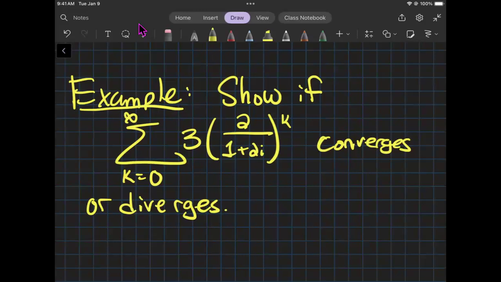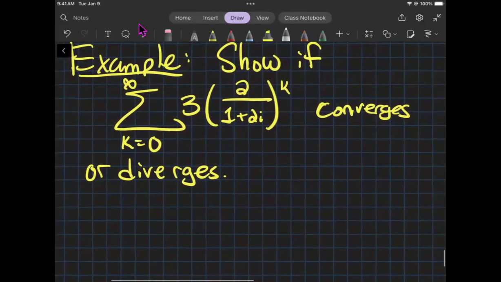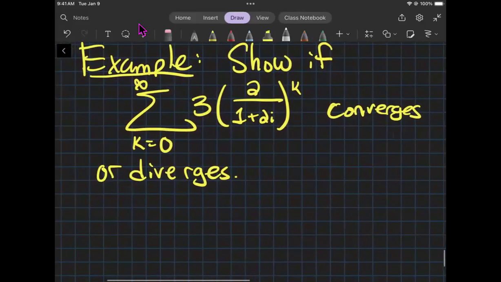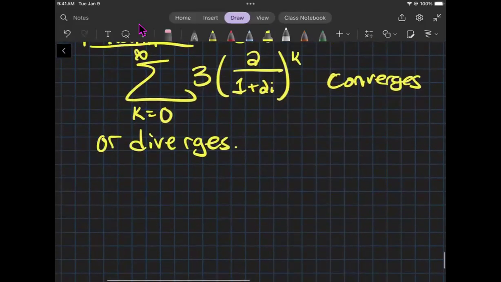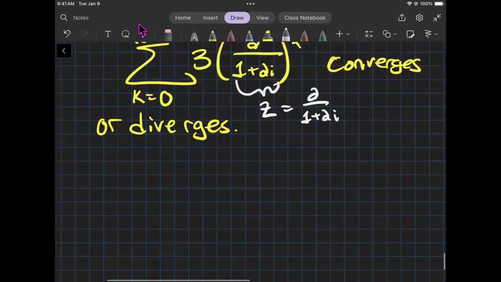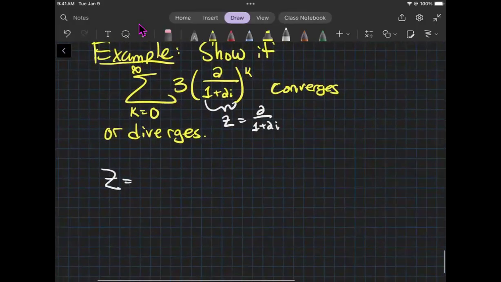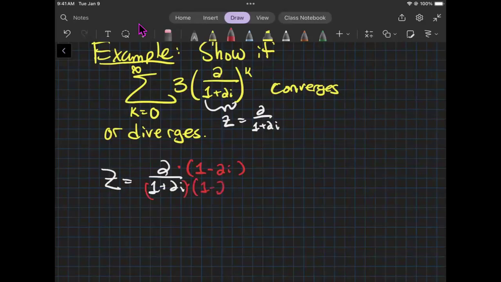All right, so I assume you worked on this example. Let's work out and see if this series converges or not. The common ratio here is 2 over 1 plus 2i. I'm going to write this out in a plus bi form, so we multiply the numerator and the denominator by the complex conjugate of the bottom number.